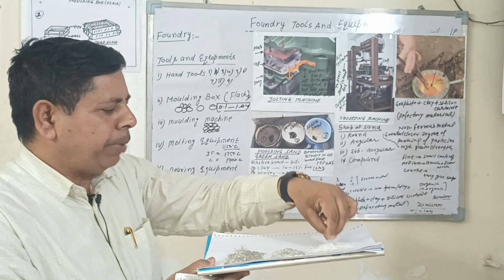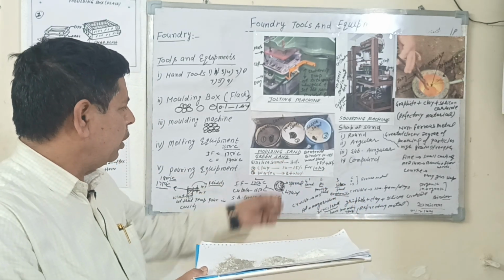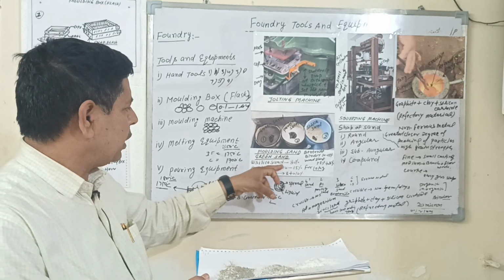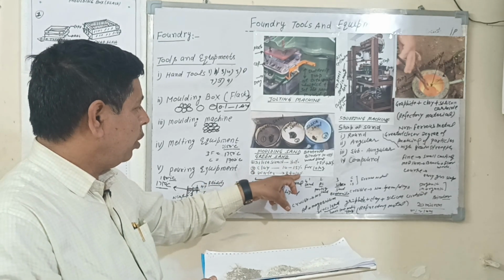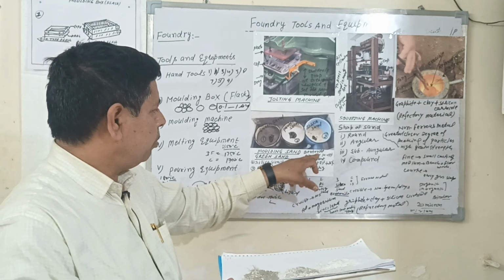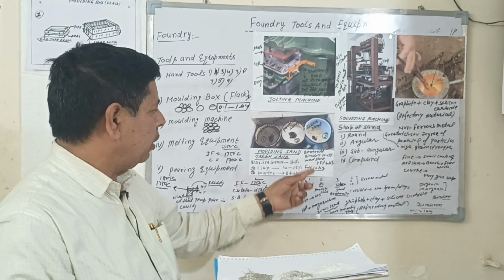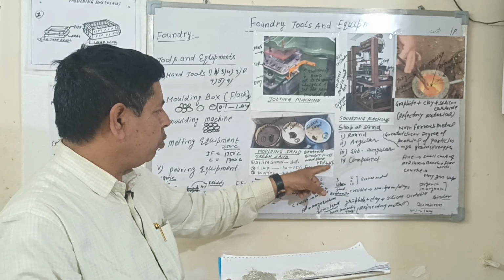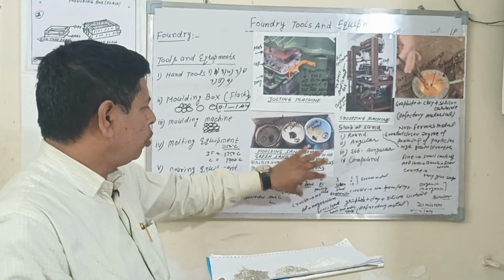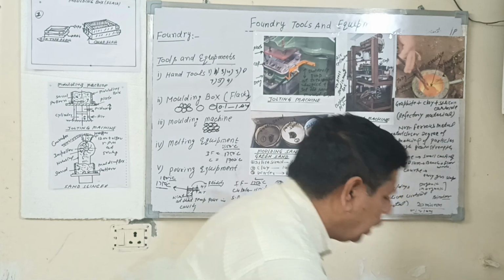If you want to make green sand, you use silica sand 80%, clay 10 to 15%, water 8 to 10%, bentonite binder 10 to 15%, and other materials like wooden dust or sugar cane dust, 1.5 to 2%, to make this green sand.